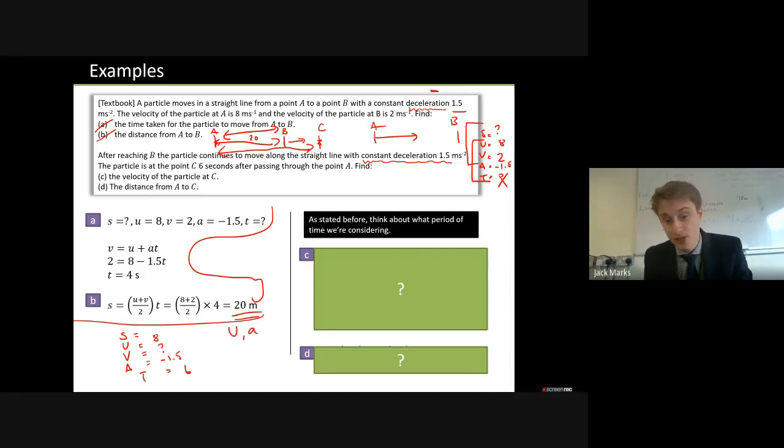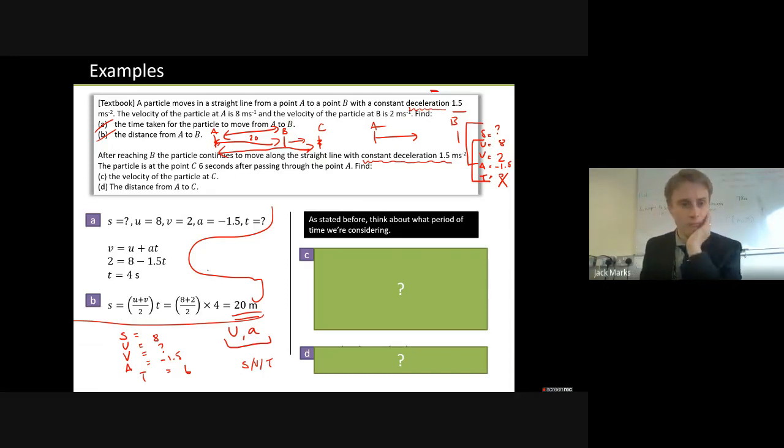U and also A generally stay the same when you move from one part of a question to another part of a question. Whereas the S and the V and the T are all interconnected. If you go a different distance, you'll have a different speed and a different time and so on. So when you change S, V, or T, the other parts tend to change. Whereas U and A, normally, I say normally, 95%, stay the same throughout a question.